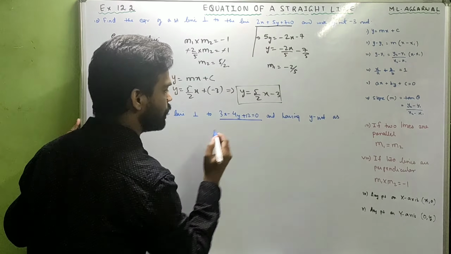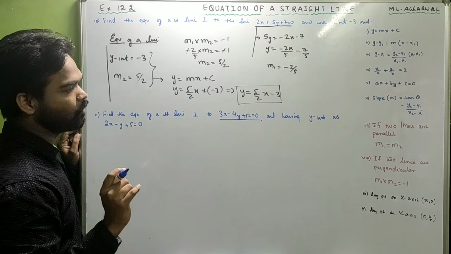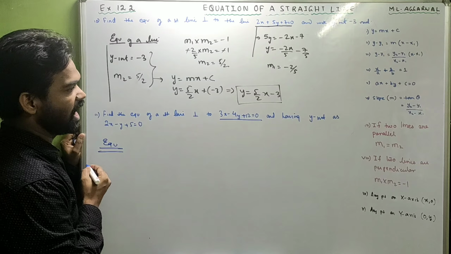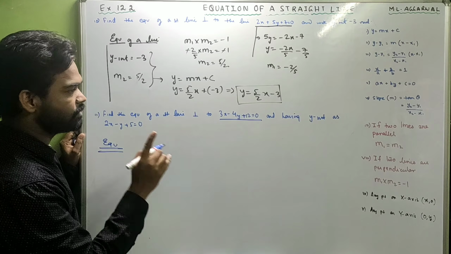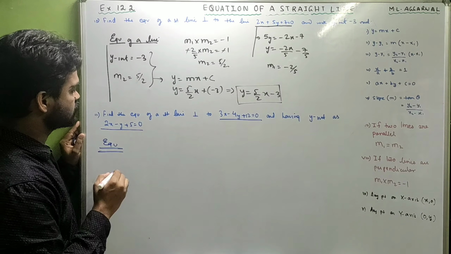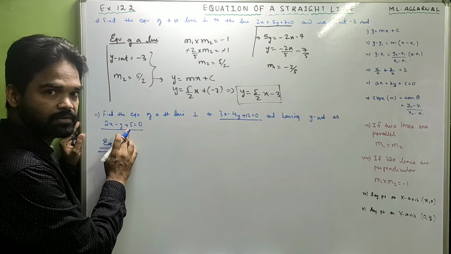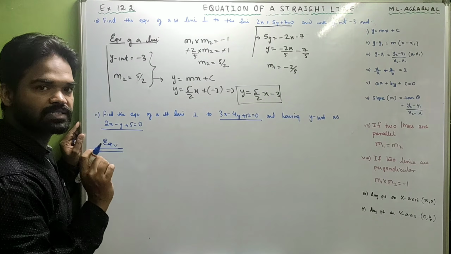Now let us see sum number 11, which says: find the equation of a straight line perpendicular to the line 3x - 4y + 12 = 0 and having the same y-intercept as the line 2x - y + 5 = 0, which means the y-intercept of this line and the required line is the same.